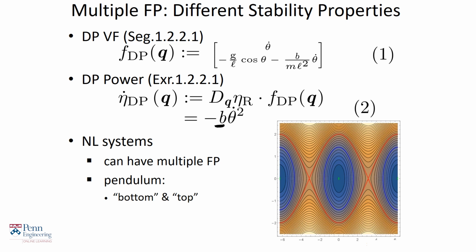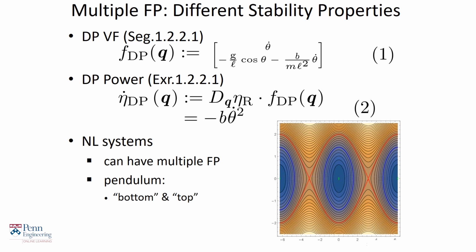And here I'm reminding you in the phase plane that when you're at the bottom, namely when the angle is 0 and the angular velocity is 0, clearly you're going to stay put, you're at a fixed point.